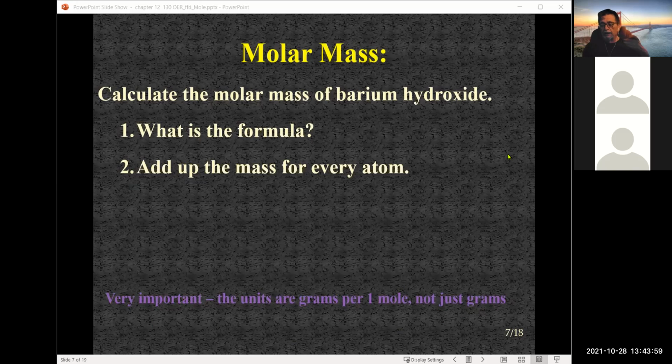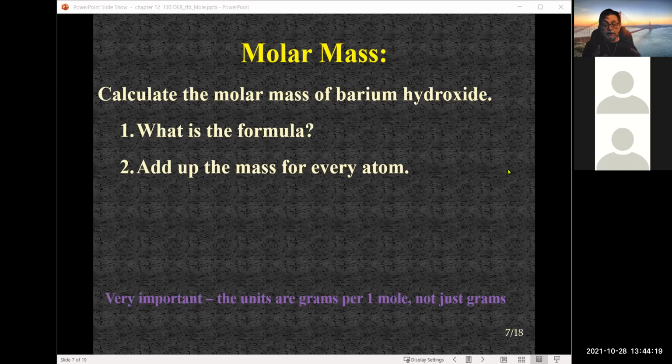Now, I mentioned the term molar mass. I should have defined it, but we're going to define it now. To determine the molar mass, it is simply the sum of all the atomic weights of all the elements in the formula. And so here we go. We're going to write the formula properly, like we've been doing.